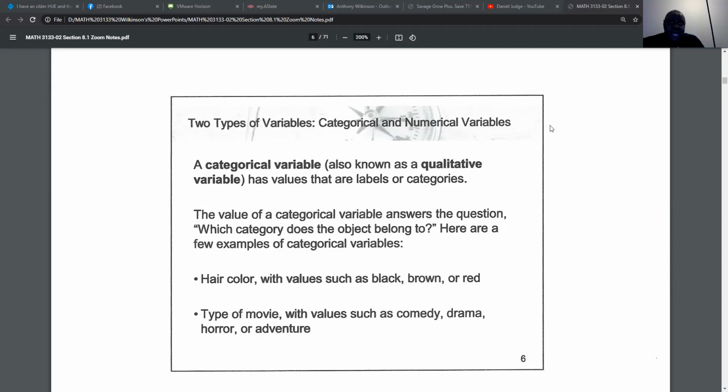And in fact, in college, a student's classification could be things like junior, senior, freshman, sophomore. Those are just examples of categorical variables.